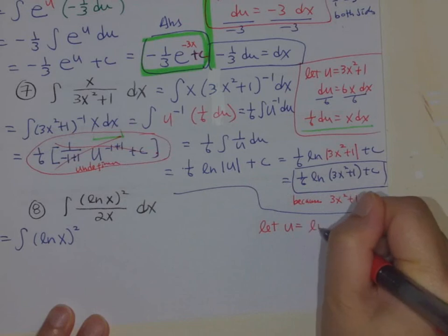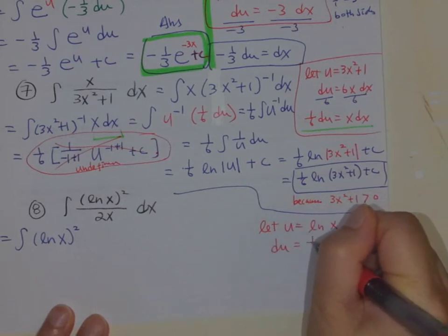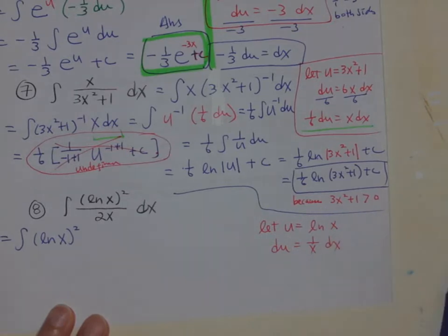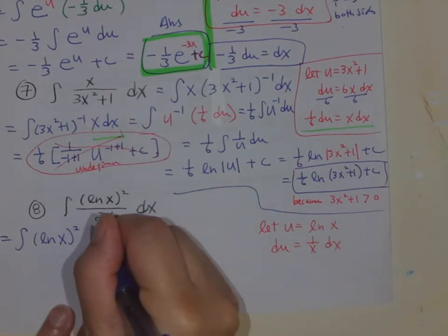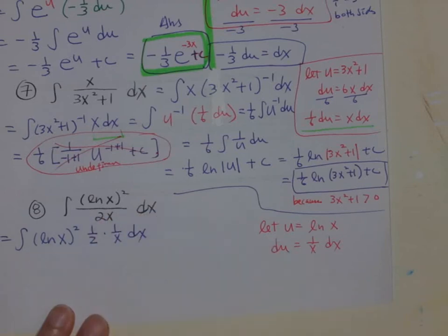So if this is ln of x, to take the derivative, du is going to be 1 over x dx, right? So I need 1 over x dx, so I'm going to separate this as 1/2 times 1 over x dx, right? Are we okay with that?